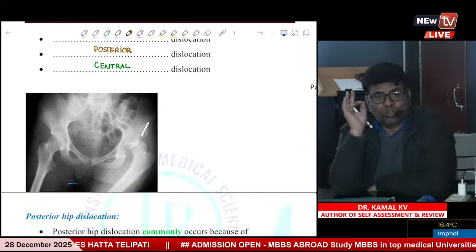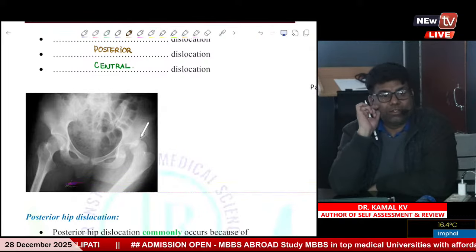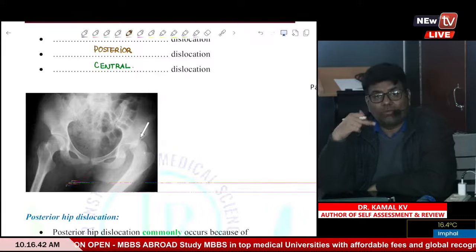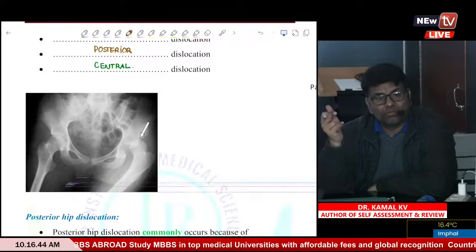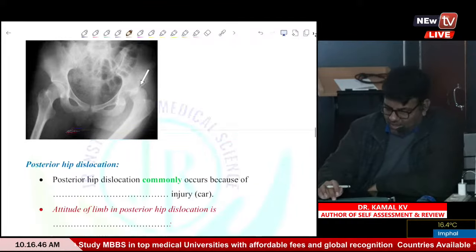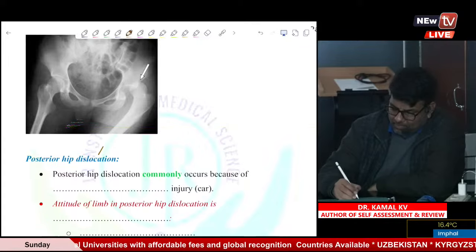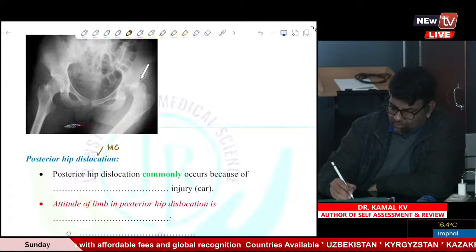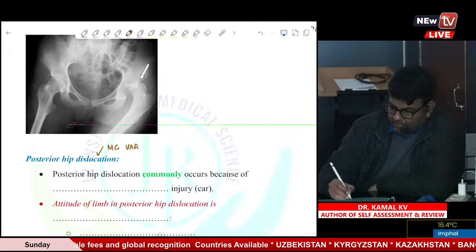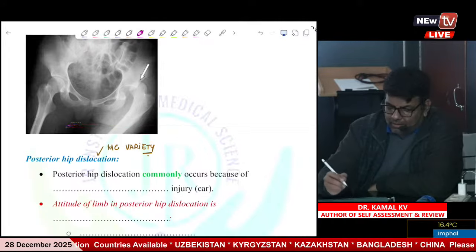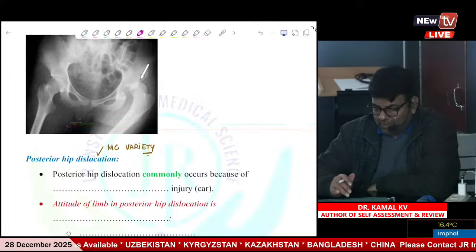What was the most common variety in shoulder? Anterior. But the most common variety in hip is posterior. So posterior hip dislocation is the commonest one. And what is the mechanism?